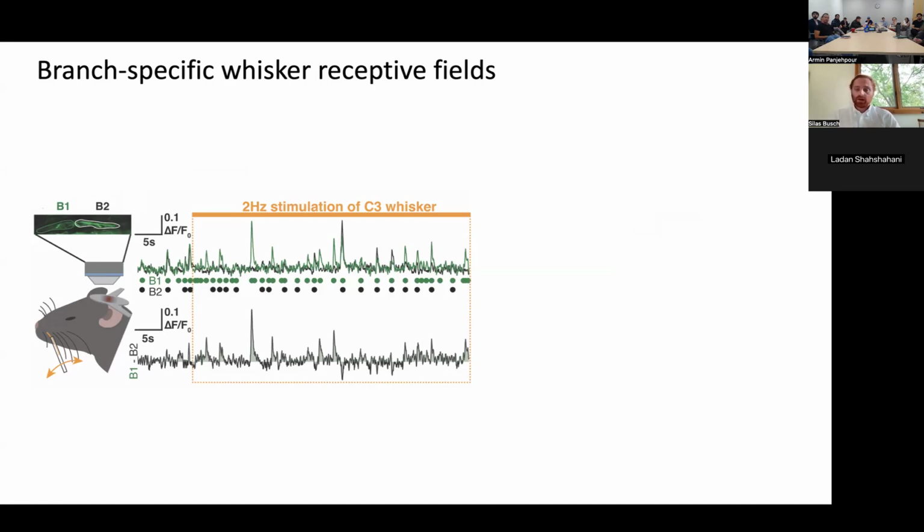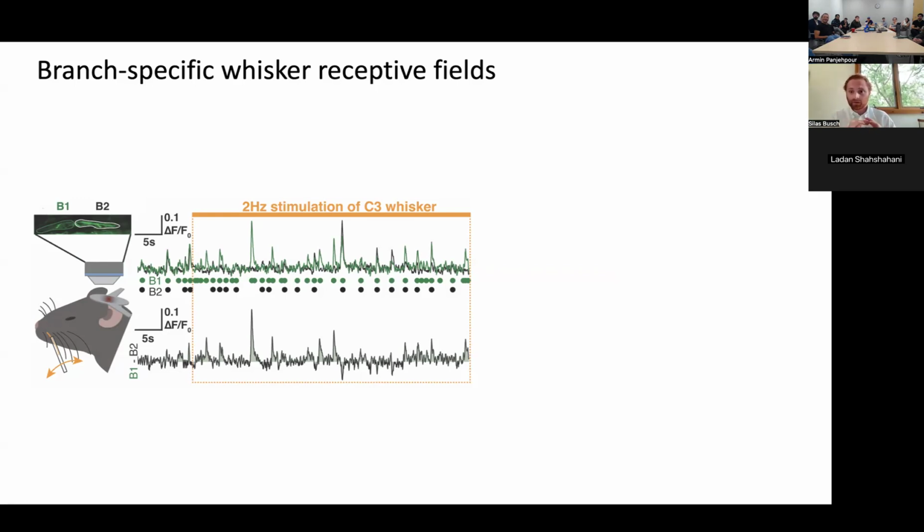So ostensibly, we wanted to see if we could stimulate individual climbing fibers by stimulating individual whiskers, and then potentially separate the signal of one climbing fiber from another in this way. I don't know if you've ever tried to grab and stimulate a single whisker in a mouse before, but it's actually impossible. So what we did was we sedated the animals.